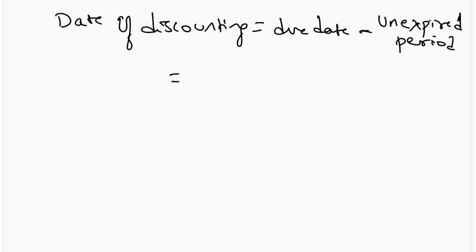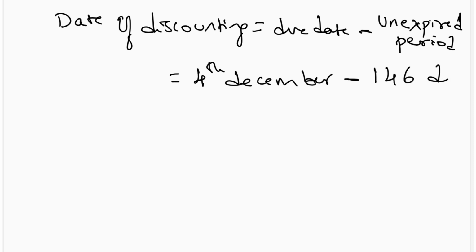So what is the due date? 4th December, since the bill was drawn on 1st June and the bill is for 6 months, 1st June to 1st December plus 3 days grace, so 4th December minus 146 days.